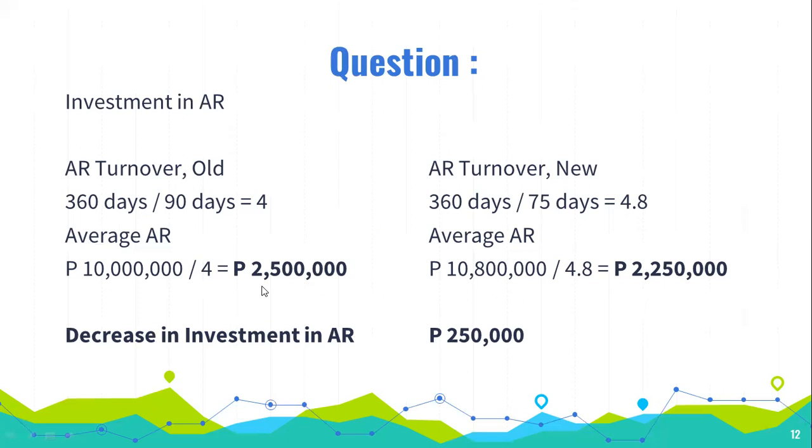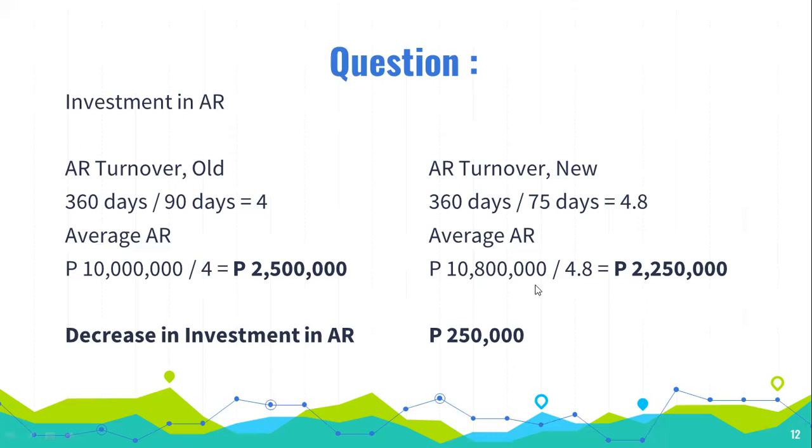Therefore, the average accounts receivable is 2,500,000 pesos in the old policy. Meanwhile, in the new policy, the average accounts receivable is the sales in the new policy divided by the accounts receivable turnover in the new policy.